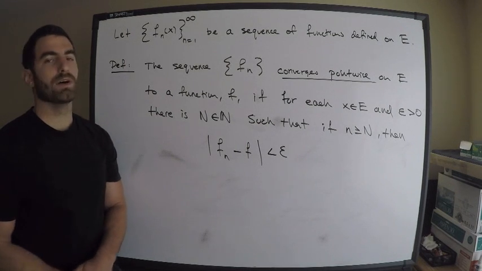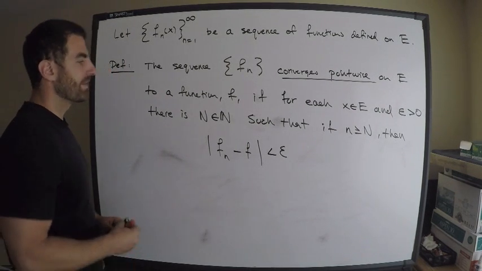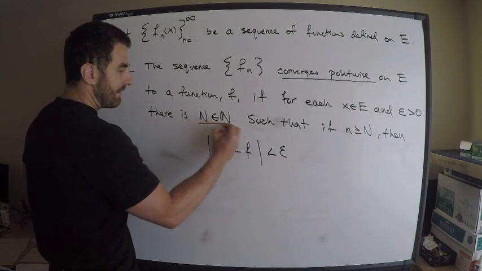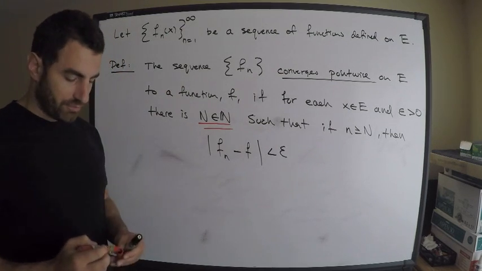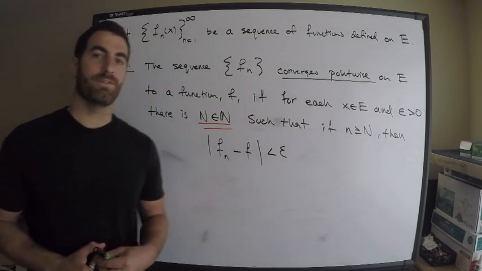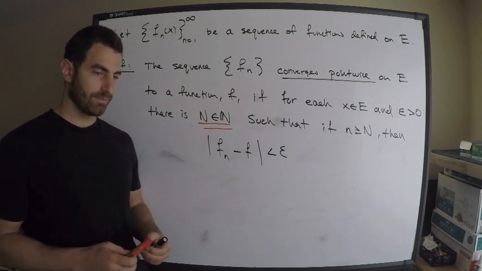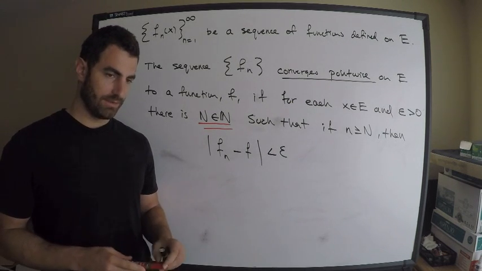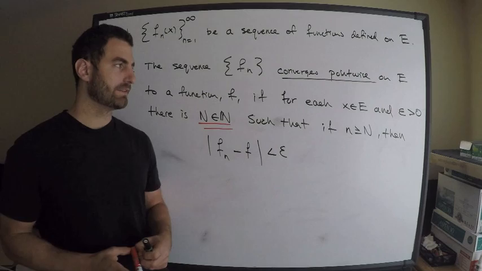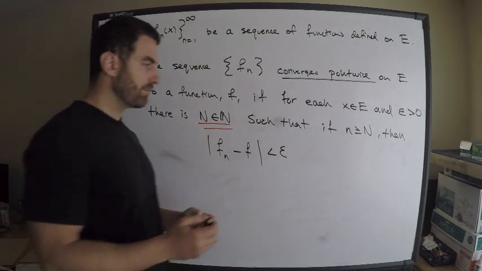what's going on here? Well, a couple of things you need to realize here. Capital N is what you have control over. N is what you want to find in a problem like this, okay? And in this case, for a sequence of functions which converges pointwise, oftentimes we write the following.